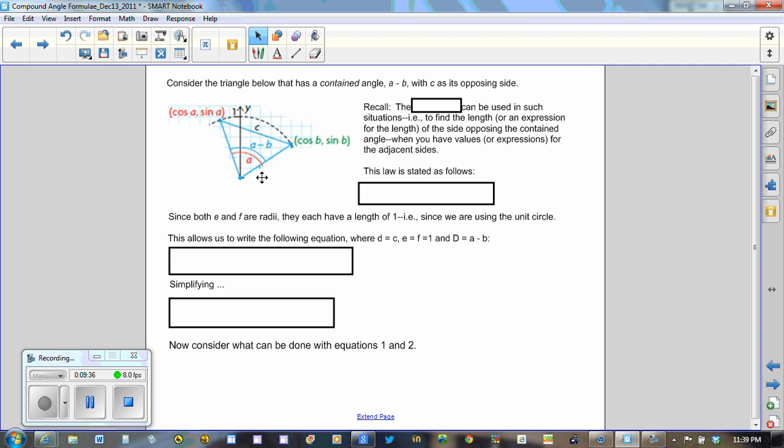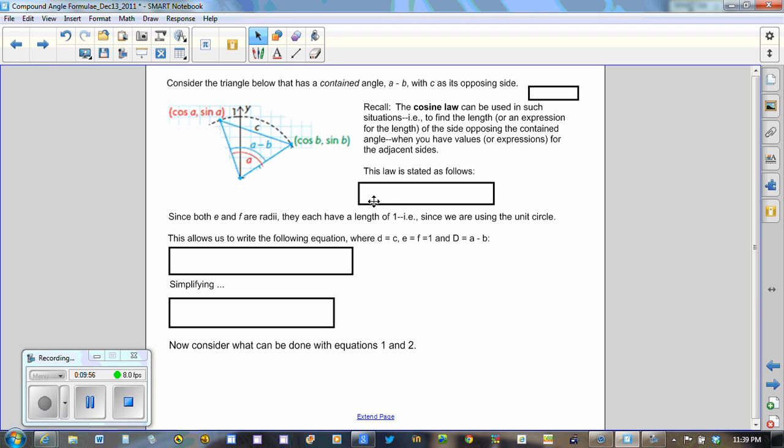We had both the sine law and the cosine law. In this case, what we're going to do is use the cosine law because we want to find the length of a side opposing the contained angle.